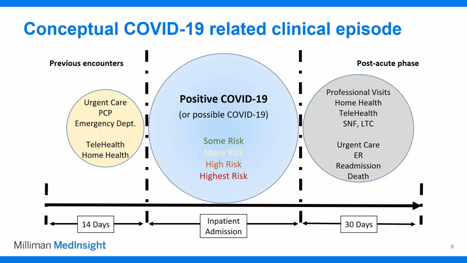So we could look for the previous encounters during the 14 days prior to admission. Maybe the patient went to urgent care or their primary care physician or the ED. Perhaps they engaged with a provider through telehealth, or perhaps they are an existing patient with a chronic condition receiving home health care. So I've just moved through that inpatient segment because we're going to go through that in more detail in the analytic process.